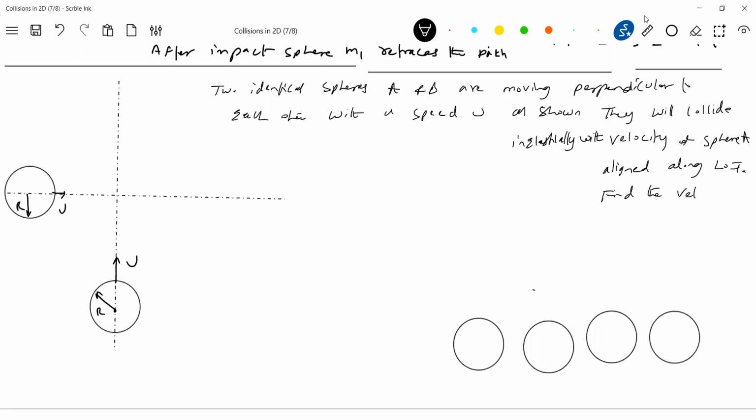Find the velocity of spheres just after impact or after collision. So now he has given one condition: they will collide inelastically with the velocity of sphere A aligned along line of impact.